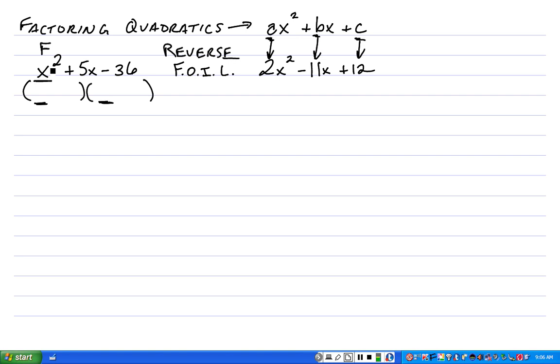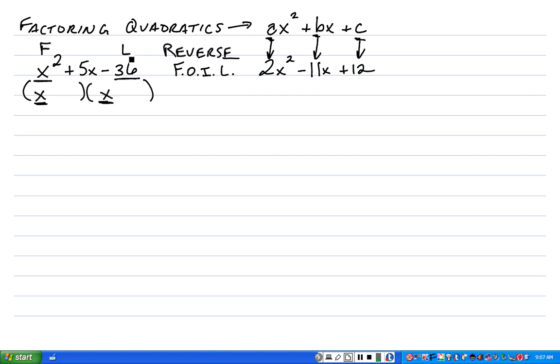Now if we're looking at this x squared, then an x times an x would give us an x squared. So first times first gives us first. So we have our first term in our two sets of binomials. Now we're going to focus on our last. The negative 36 is our last term.